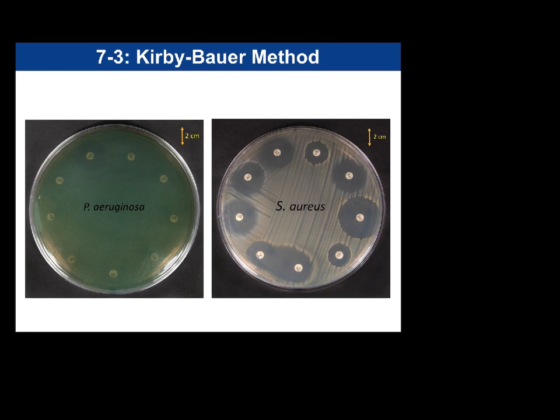Here is Pseudomonas and Staphylococcus aureus. Pseudomonas aeruginosa is a gram-negative, Staph is a gram-positive. Pseudomonas, you'll see it's green, and there are not very many zones of inhibition. This is the only one up here, and we do have some spotty bacterial growth on the edges there.